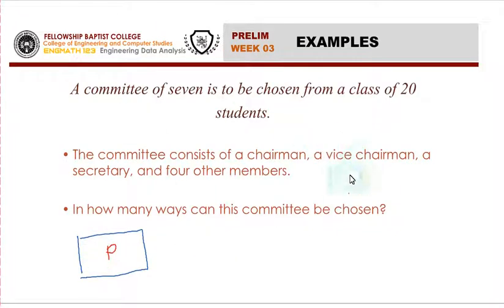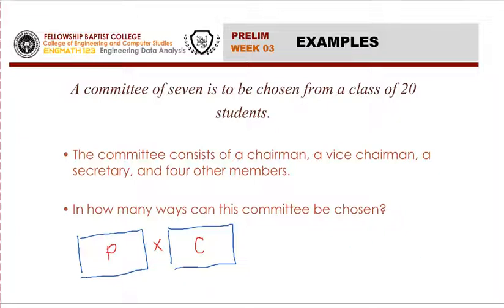Next, after choosing them, we choose the members. For members, we did not say that there should be an arrangement, so the process we use for the next stage is combination. Since the second process is affected by the first, we need to multiply to get our total number of ways.